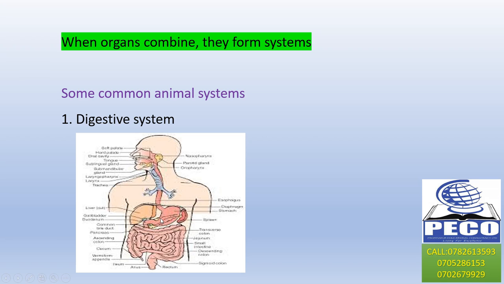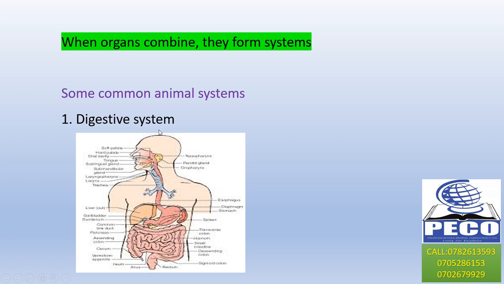You remember I talked about the stomach, okay, as an organ. That means that you have the colon, you have the duodenum, you have the ileum. Now these are different what? These are different organs. But now when they combine together, they are going to form a system. So we call it a digestive system.